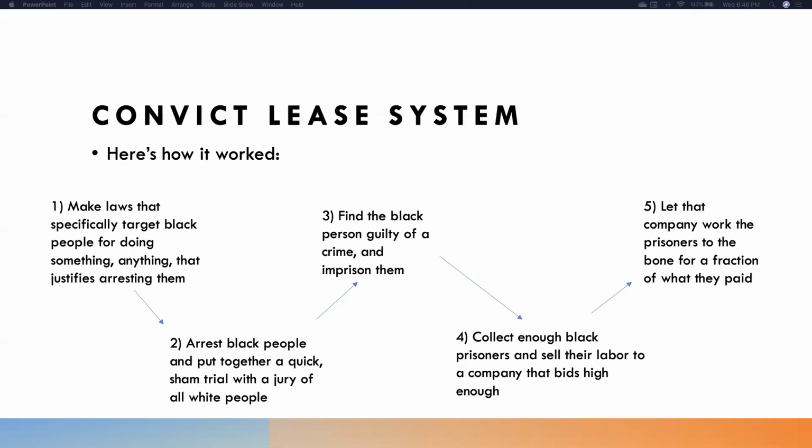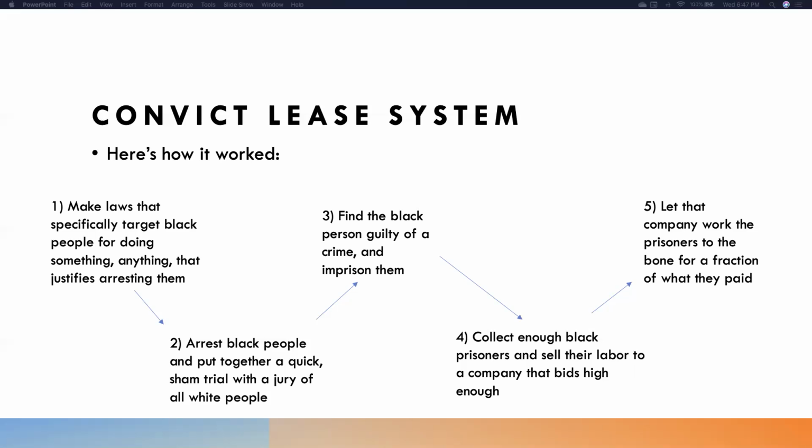Those companies have a little auction. I mean, an auction like a slave auction used to be, an auction for a certain amount of time for these prisoners to work hard labor. At that point, once the company has won the bid, you allow that company to work the prisoners to the bone, and in many cases to the death.